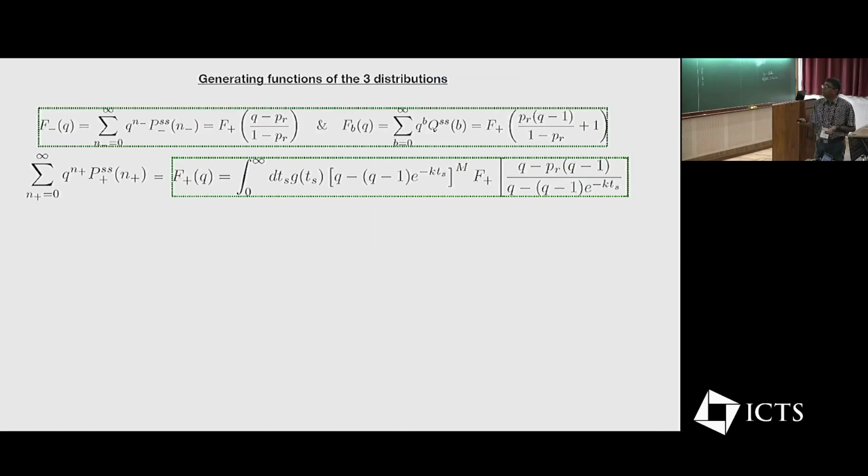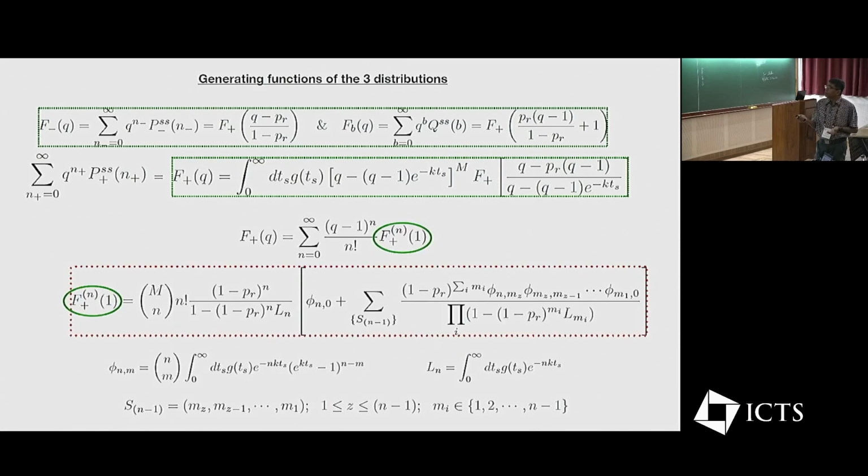Then we can proceed further, building generating functions: f minus for p minus, fb for qb, and f plus for p plus. As I said, there would be a self-consistent equation now for the f plus. Once you know f plus, you can build the generating function fb, and from there you can get the desired distribution.